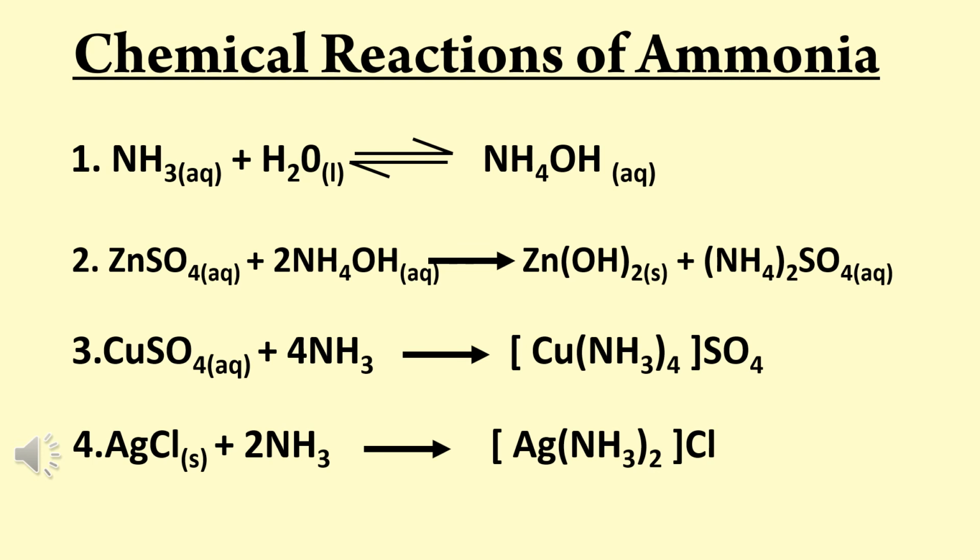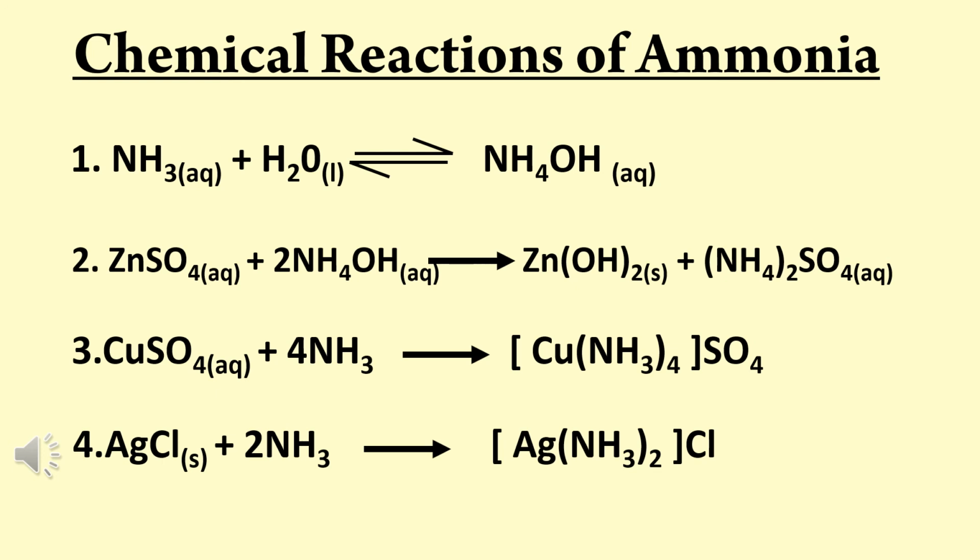Here are the chemical reactions of ammonia with water, zinc sulfate, copper sulfate, and silver chloride. I repeat, when ammonia reacts with water it forms ammonia solution, that is ammonium hydroxide. When aqueous zinc sulfate reacts with ammonium hydroxide, it forms a white precipitate of zinc hydroxide along with ammonium sulfate.